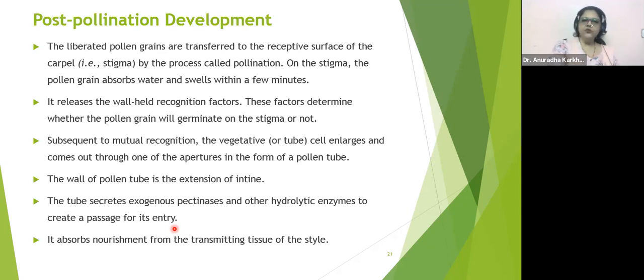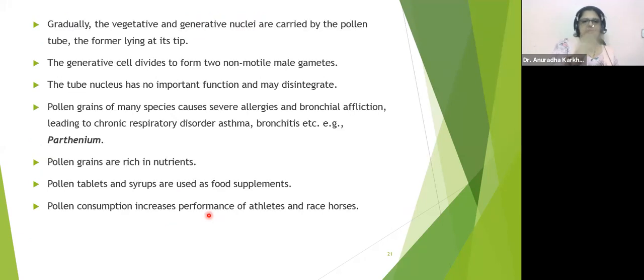Well, I understood this post-pollination. Then see what happens. Gradually, the vegetative and the generative nuclei are carried by the pollen tube, the former lying at its tip. Means the vegetative nucleus is going to be at the forefront, and behind it 2 male gametes.